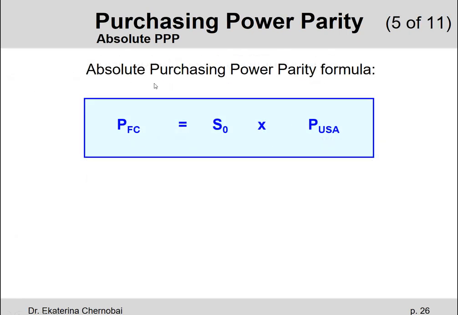Let's summarize the absolute purchasing power parity formula that we used in the last few examples.